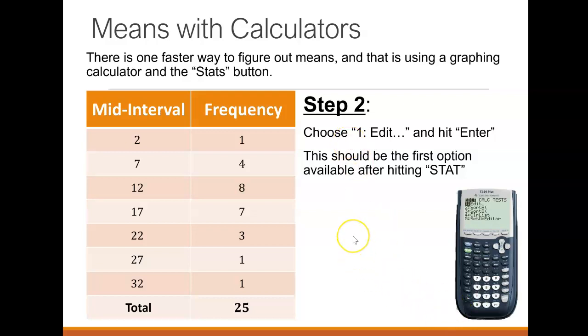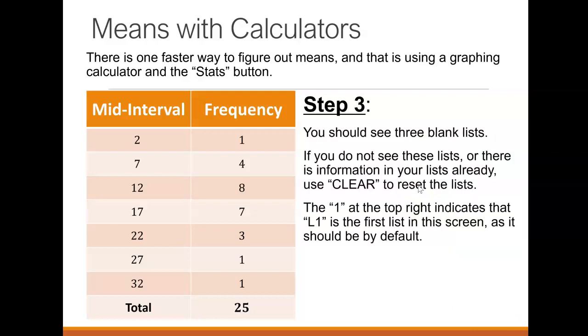I'm going to press the Stat button, and then from the Edit tab, I'm going to select the Edit command. And then I'm going to enter in my data. So in L1, I'll enter in my mid-interval value. In L2, I'm going to enter in my frequency list.